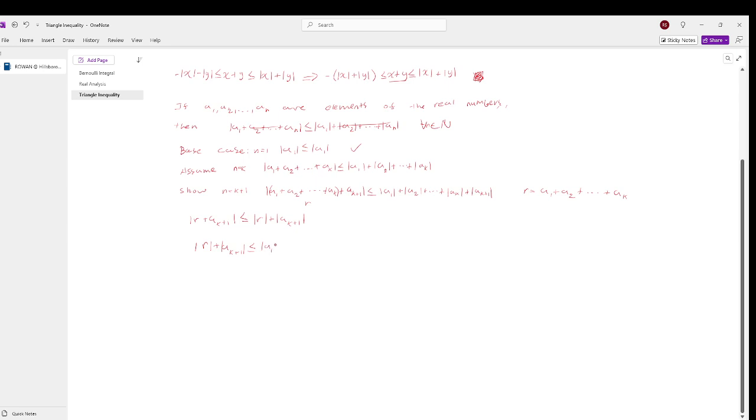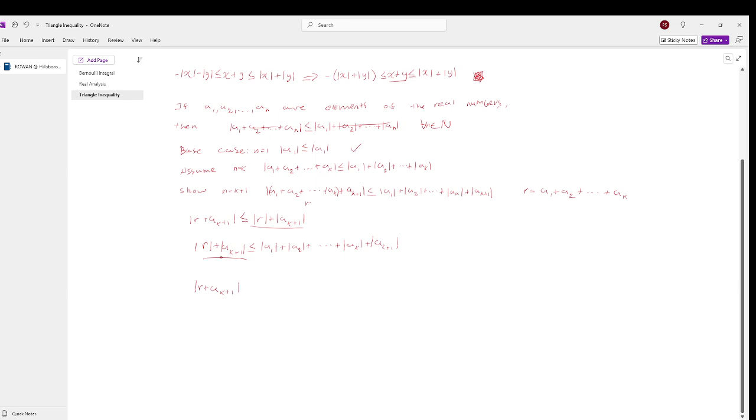the absolute value of a1 plus the absolute value of a2 plus dot dot dot plus the absolute value of a sub k plus the absolute value of a sub k plus 1. And notice how this expression right here is the same as our assumption, so it's also true. Now all we have left to do, notice that these are the same right here, so we get the absolute value of r plus a sub k plus 1.